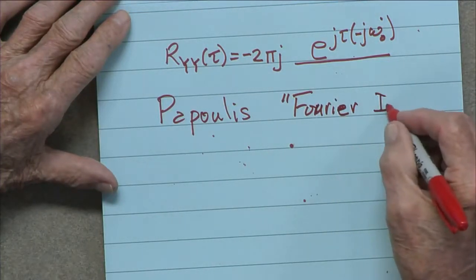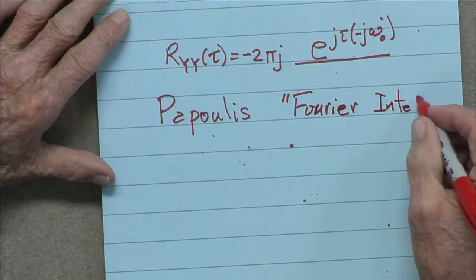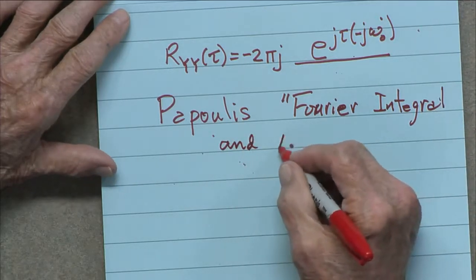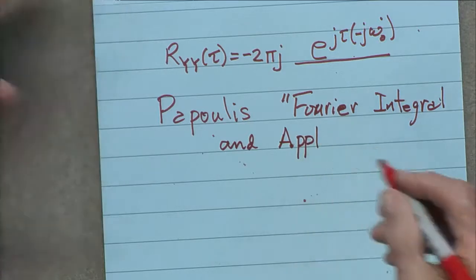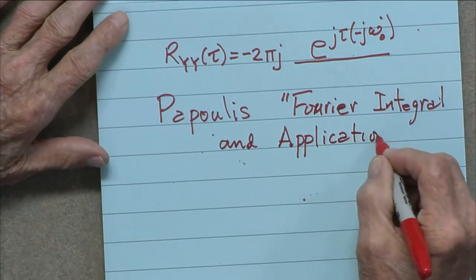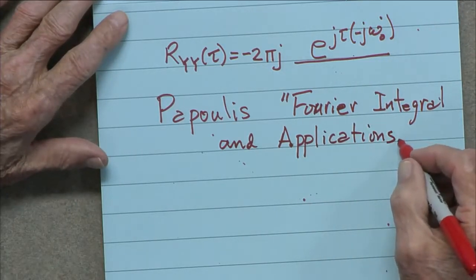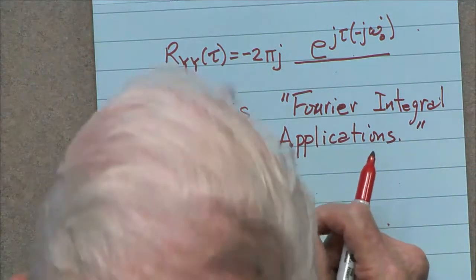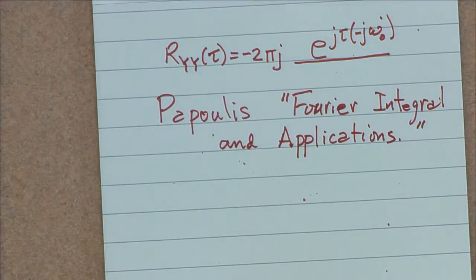He doesn't call it transform, he calls it the Fourier integral. That book is pretty old, but I suppose he wrote it because it's important in random processes.